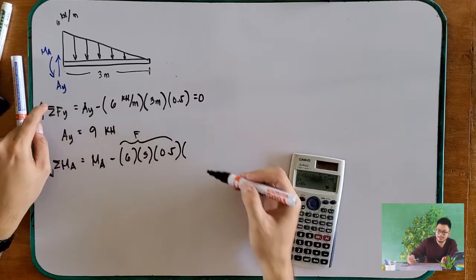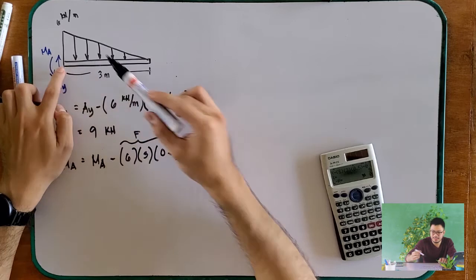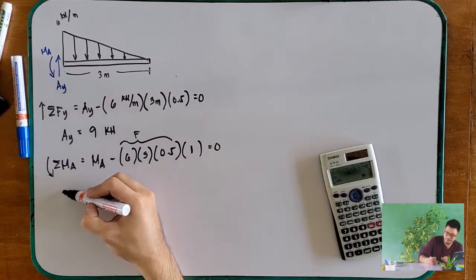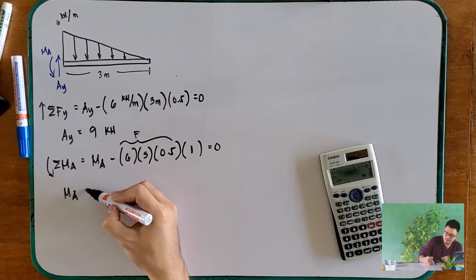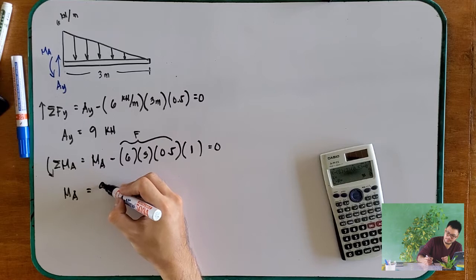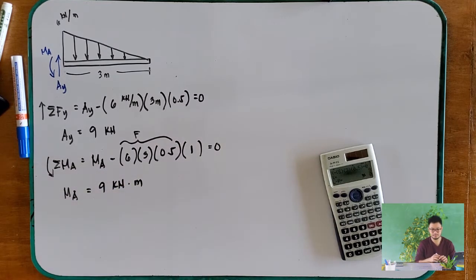So moment arm pila man, diba? 1/3 from here, so that is 1 is equal to 0. So therefore your MA is equal to 18 divided by 2, 9 gihapon. 9 kilonewton meter.